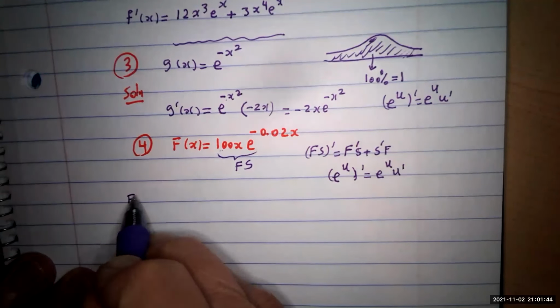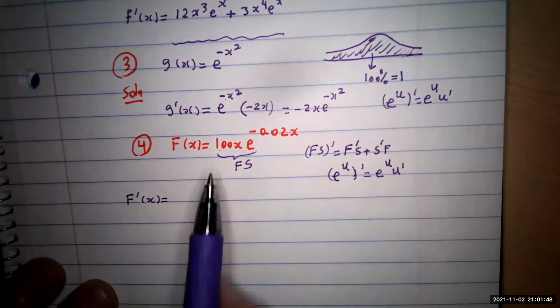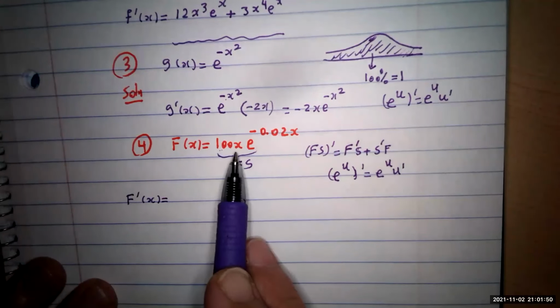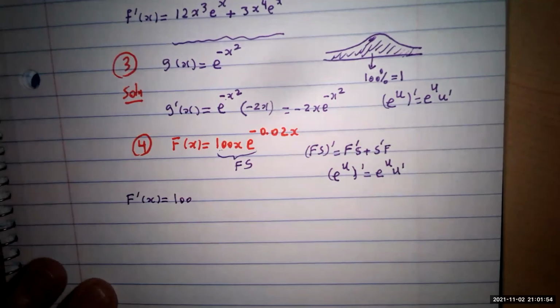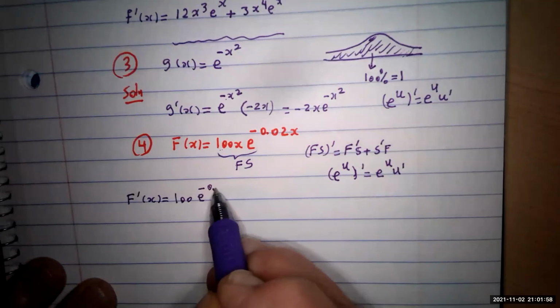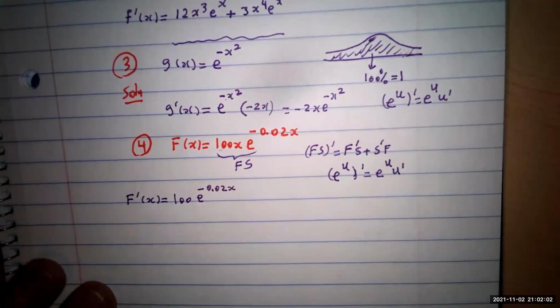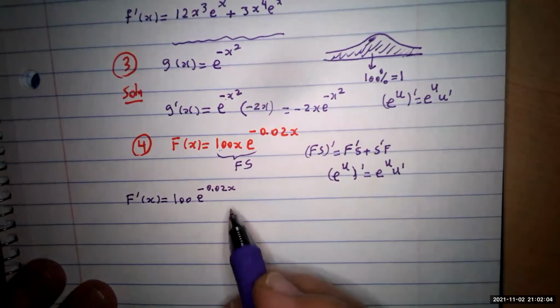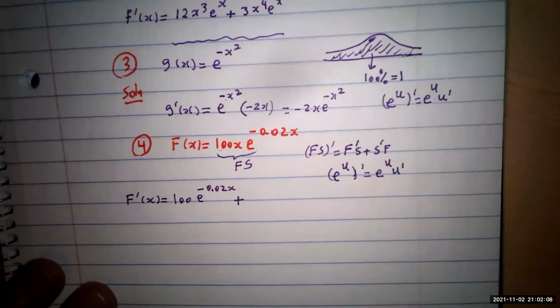So f prime of x equals the derivative of the first times the second. The derivative of 100x is 100, times the second function, e to the negative 0.02x. That's the derivative of the first times the second, plus the derivative of the second times the first.